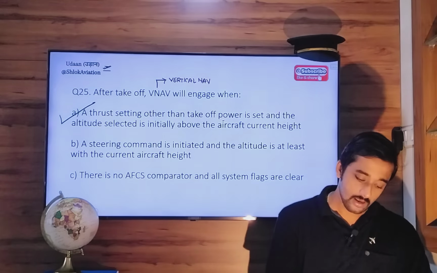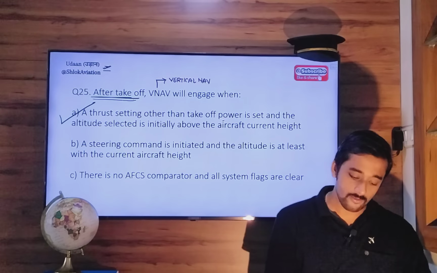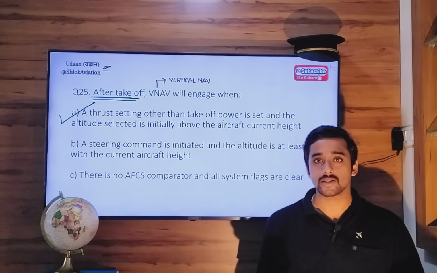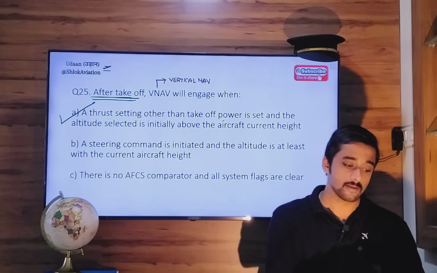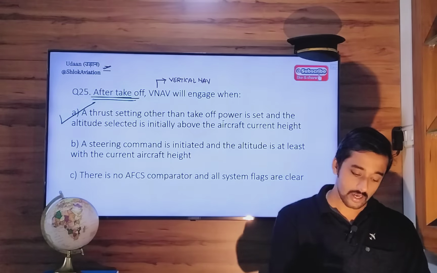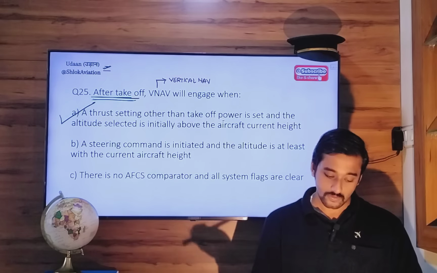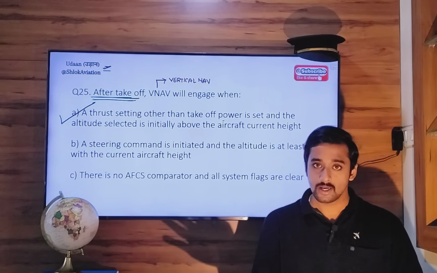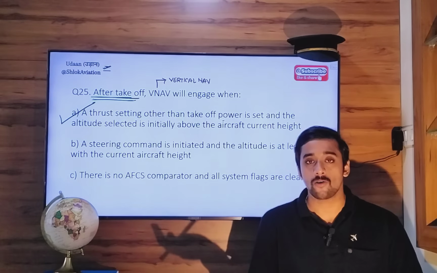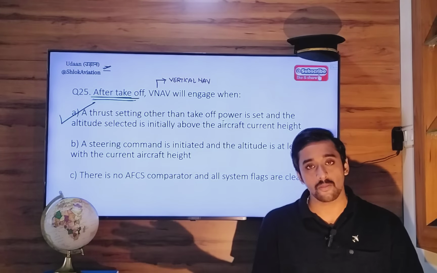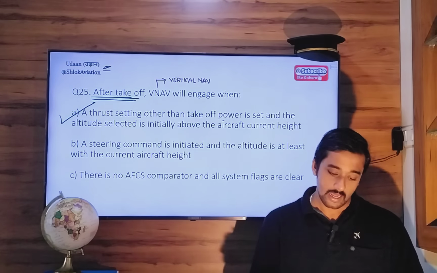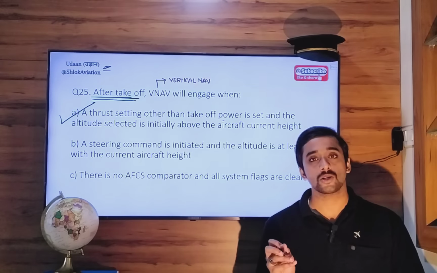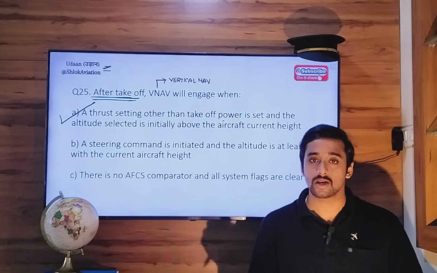After takeoff, obviously, as part of your after takeoff procedure, you bring back the thrust levers, or if you're flying an ATR aircraft, the power levers, to your cruise mode or whatever procedure that you follow. You do not need full takeoff thrust when you have completed your takeoff, so you bring it back to a smaller amount. And the altitude selected is initially above aircraft height. It is the pilot's responsibility to keep changing the altitude constraints.